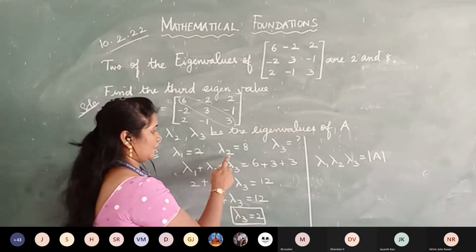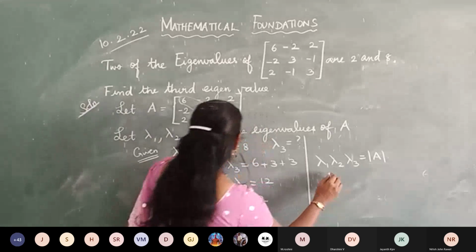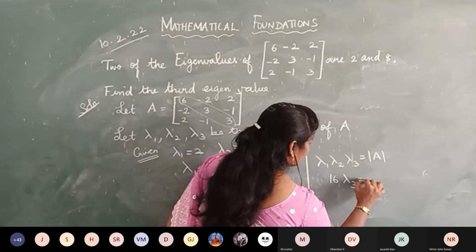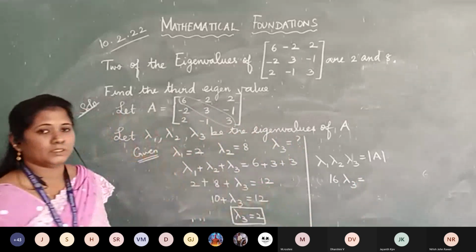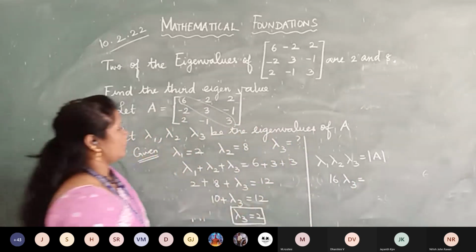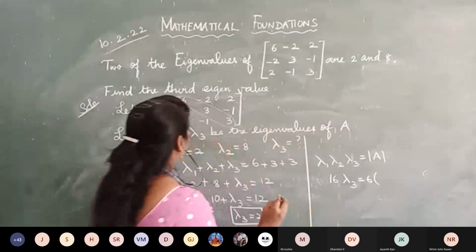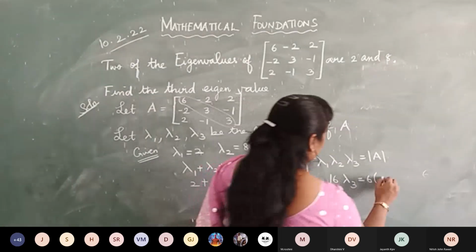You know lambda 1 and lambda 2, so 2 into 8 will become 16 lambda 3, equal to the determinant. So you're going to find out the determinant. That will be 6 into 9 minus 1.